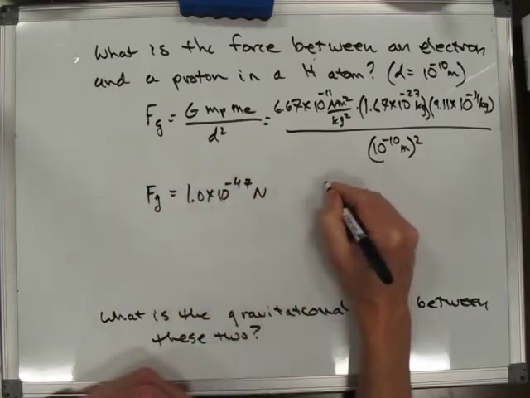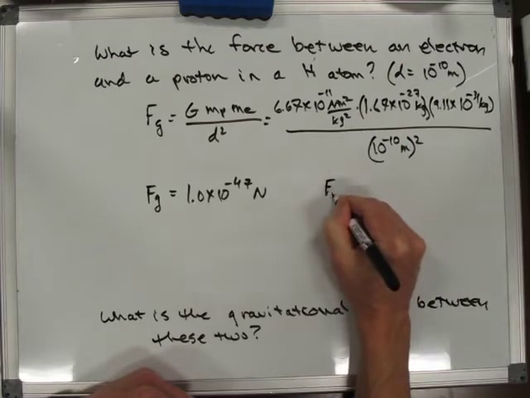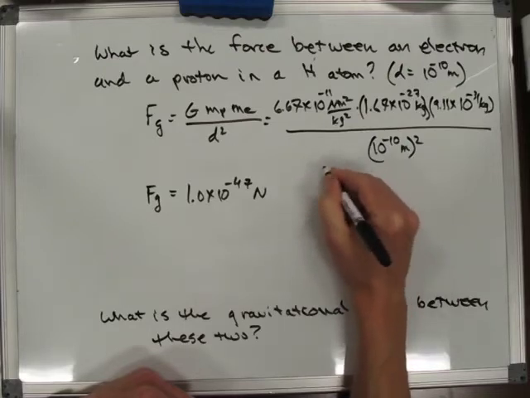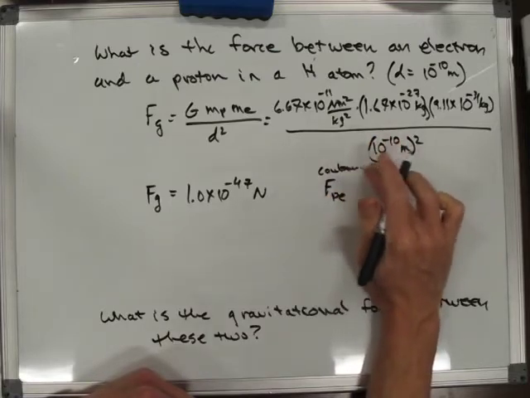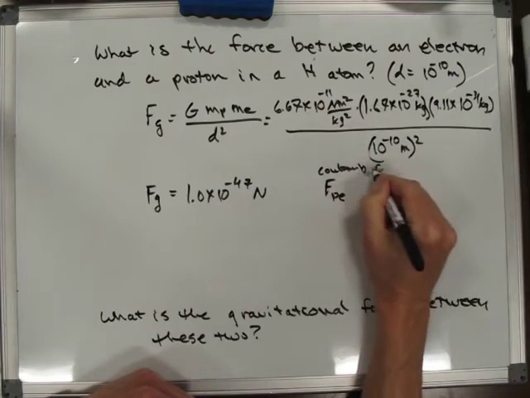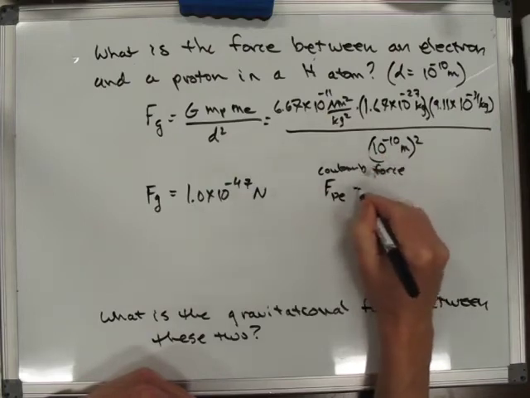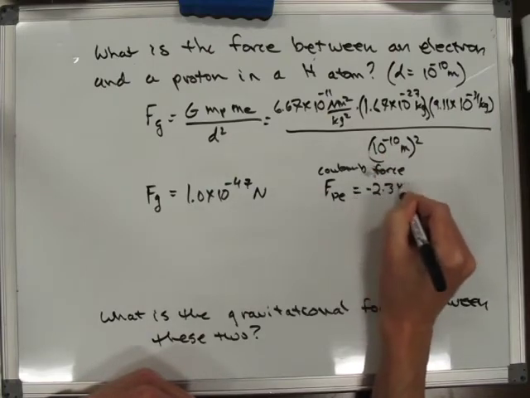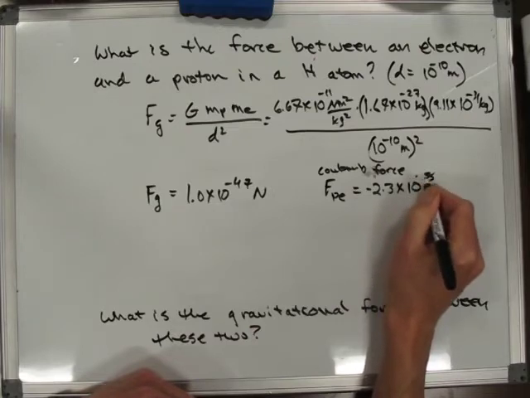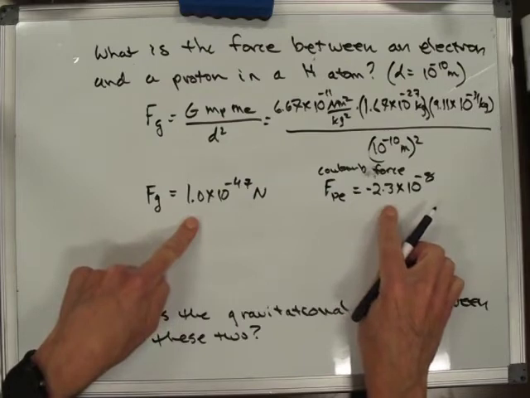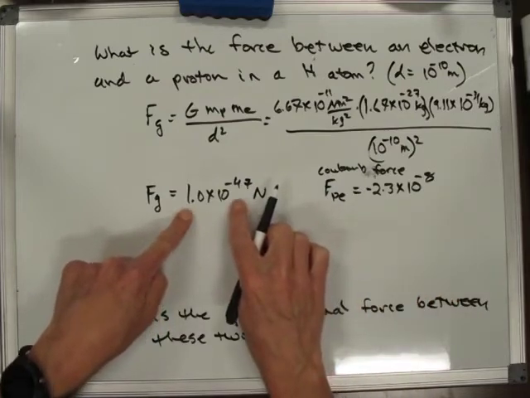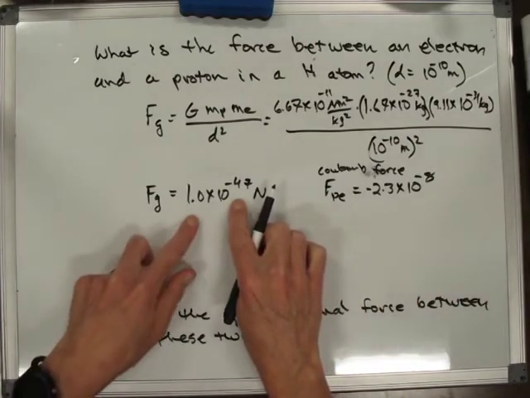If you remember just a minute ago, we said the electrical force was minus 2.3 times 10 to the minus 8th. And so when you contrast these two, this is a decimal point, 46 zeros and a 1.